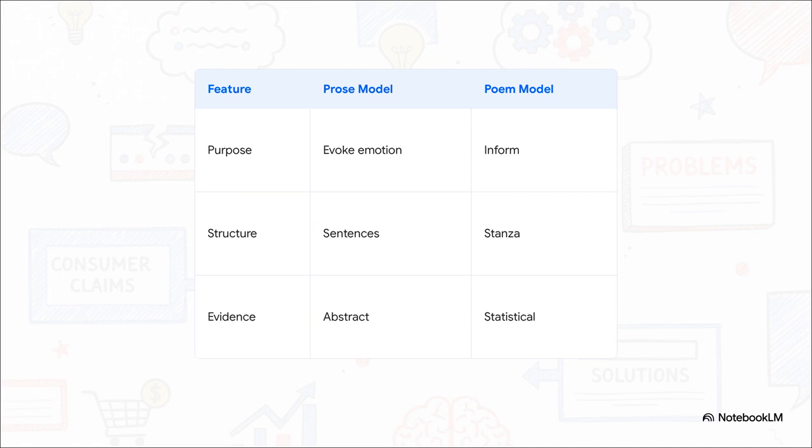The poem uses an AAB rhyme scheme and steady rhythm to really drive home that statistical evidence, leaving the reader with a sense of urgency and a call to action. But the prose, with its free-flowing sentences and abstract imagery, leaves the reader with a lingering sense of awe and concern. As a reader and a writer, recognizing these structural choices is how you reveal the author's true intent.